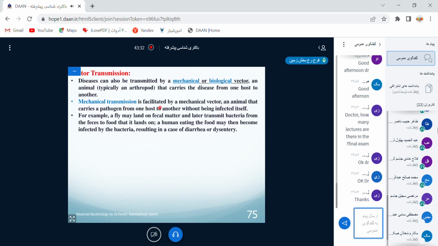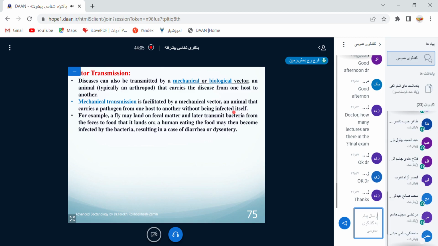So mechanical transmission is facilitated. It is not necessary, but if it is there, it is good. If it is not, other ways are facilitated by the mechanical vector. An animal that carries a pathogen from one host to another without being infected itself. So the vector is not infected.